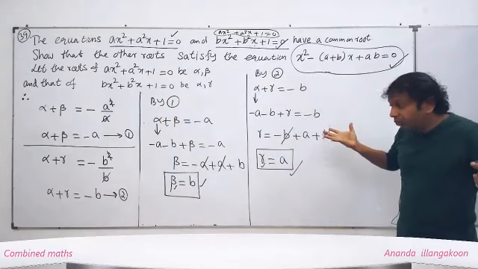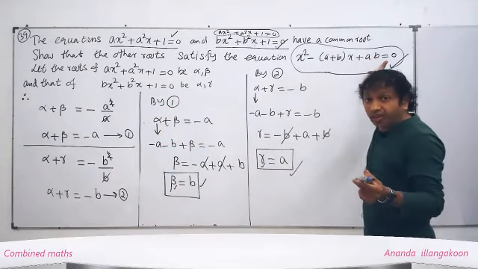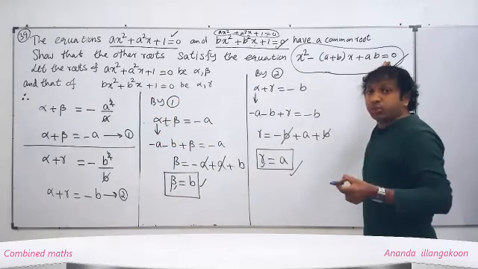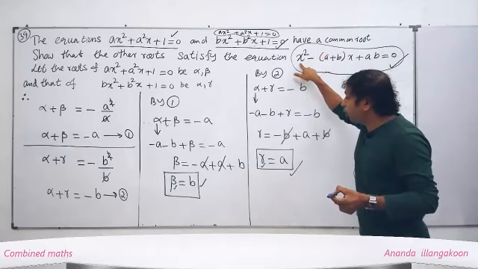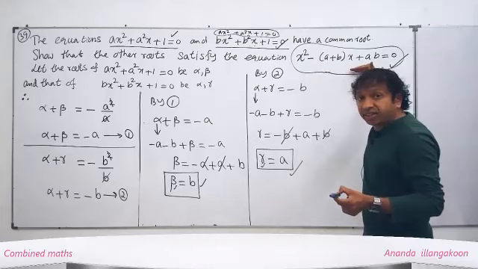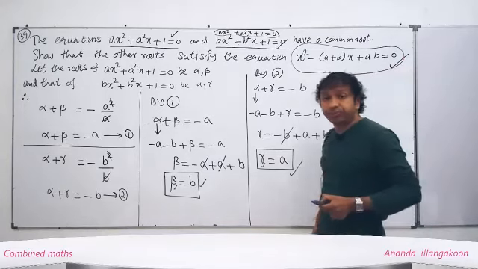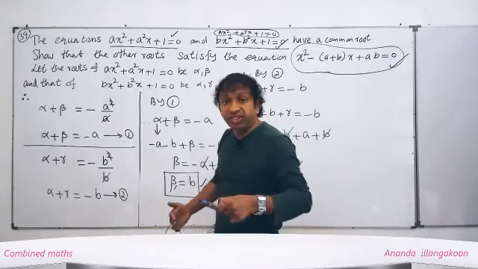You know, people, to show that beta satisfies this quadratic equation, what we need to do is, for this x, we have to put that beta, and simplifying the left-hand side, you have to prove the left-hand side equals 0. Left-hand side is equal to right-hand side.